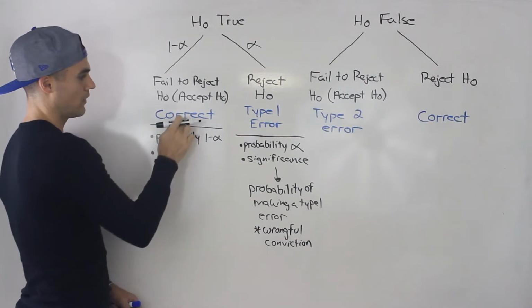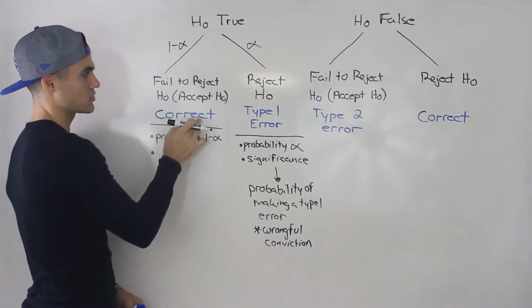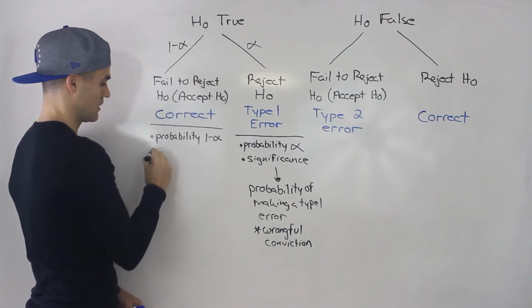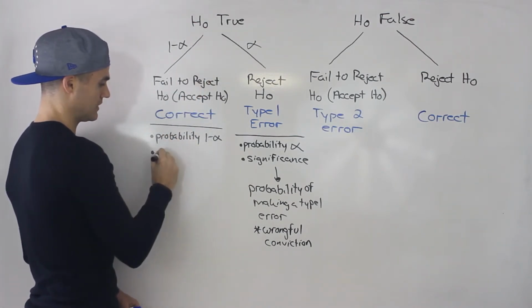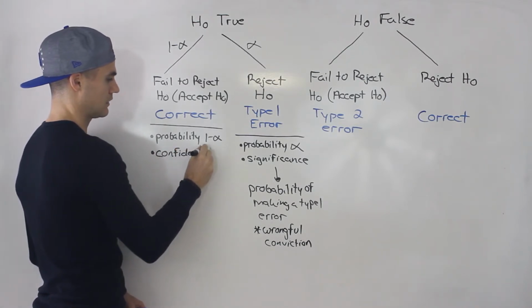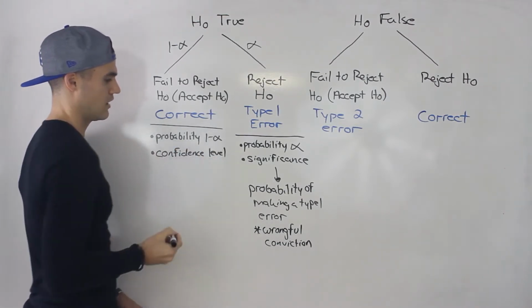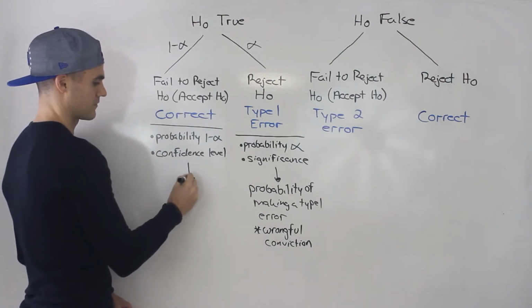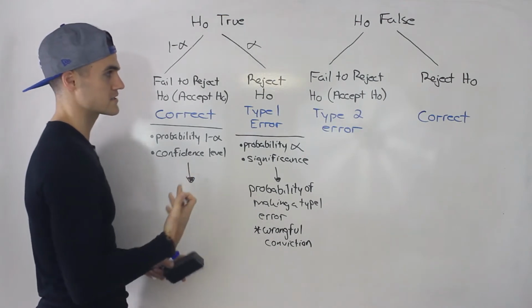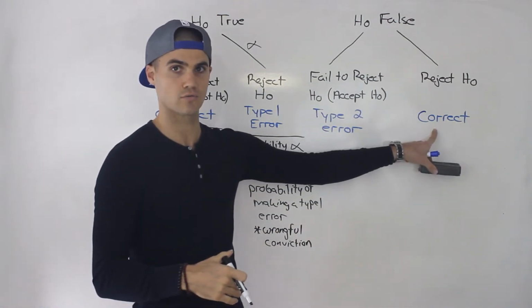And when we make this correct decision, and more specifically when we fail to reject the null, given that the null is true, the probability of this happening is called the confidence level of a hypothesis test. Right? So the confidence level, it's not just the probability of making a correct decision, because we could also make a correct decision over here.